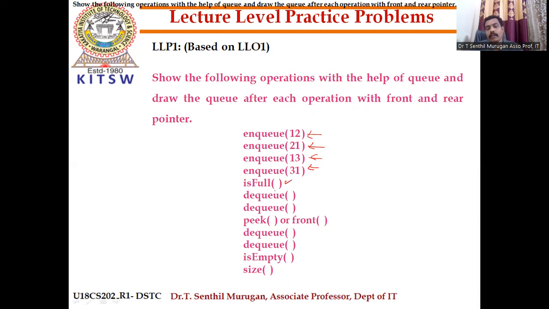If it is full, it will print queue is full, or otherwise you can check overflow. After that you have to perform DQ operations 2 times. Then you can call the peek operation to see where the front pointer is pointing. Then DQ operation 2 times. Then you can check whether it is empty or not. If it is empty, you can print empty or underflow. Then finally you can print the size of the queue. Okay, so this operation we can perform.